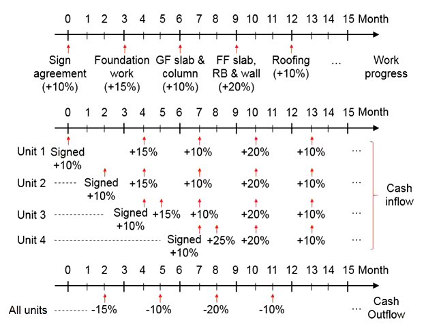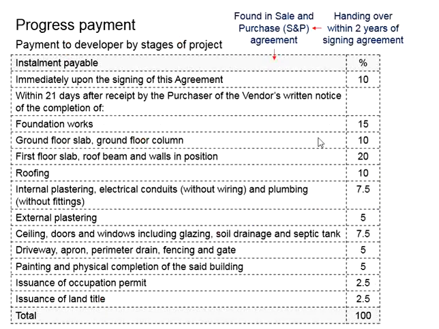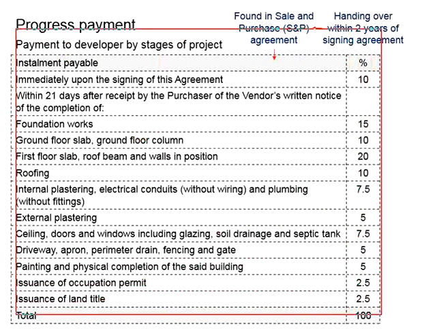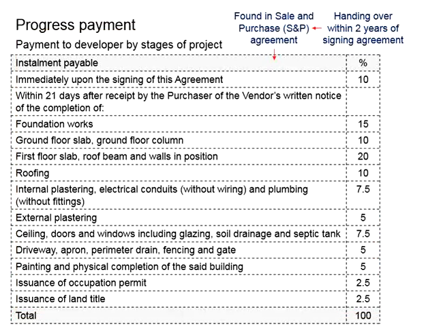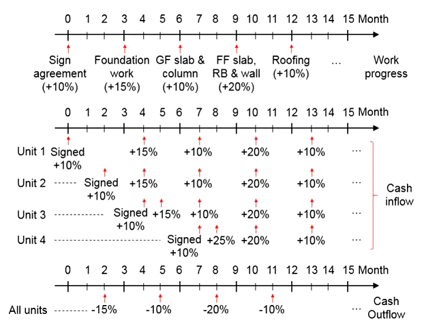Another major difference between the cash inflow and cash outflow calculations is that the cash inflow is computed on the basis of the payment schedule as agreed between the developer and the buyer. Upon completion of the respective work, the developer shall be entitled to the payments to the quantum as specified in the payment schedule.